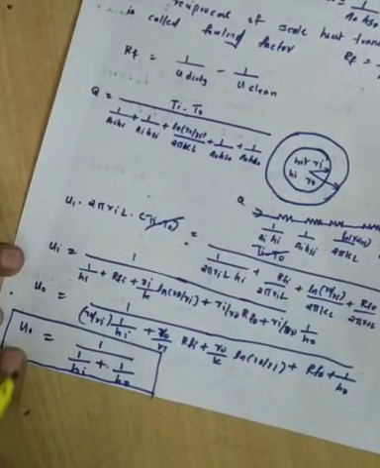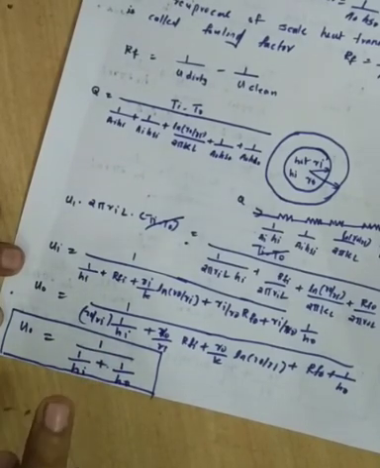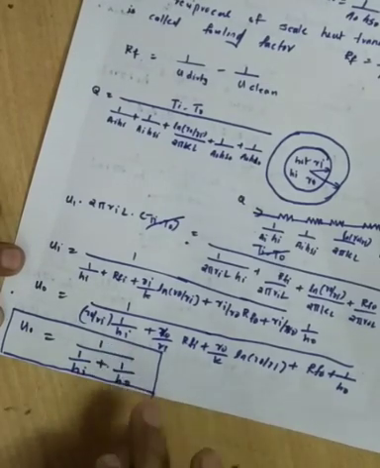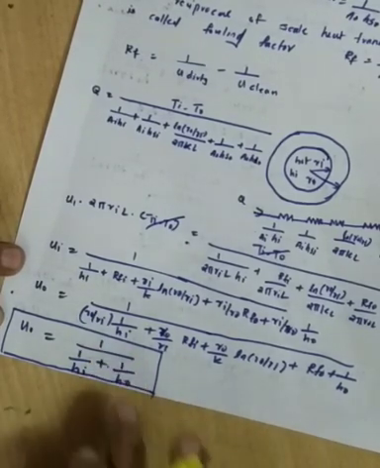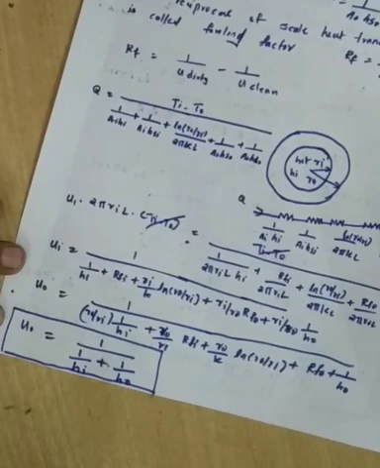After neglecting all other terms, you will get the overall heat transfer coefficient as 1 by the heat transfer coefficient of the inside fluid plus 1 by Ho. This is the overall heat transfer coefficient for a heat exchanger.